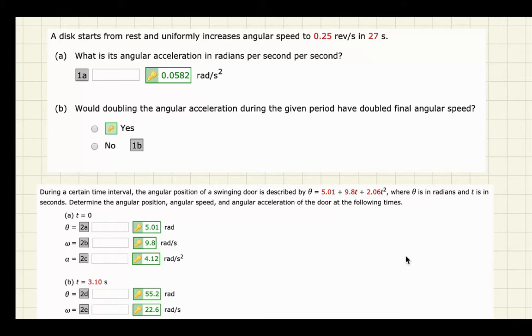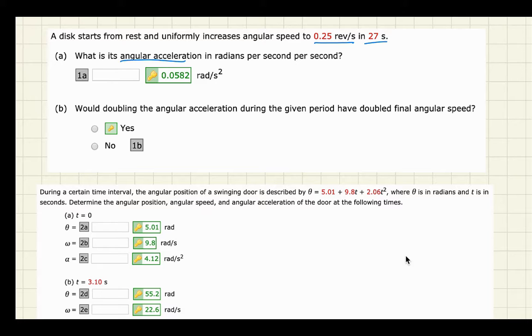So to start off, we have our disk starting from rest and accelerating uniformly, changing its angular speed from 0 to 0.25 revolutions per second in 27 seconds. And it's asking, what is that angular acceleration?